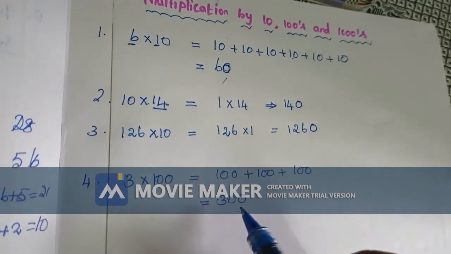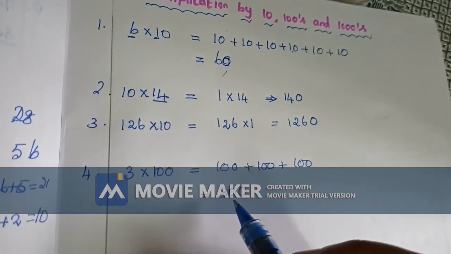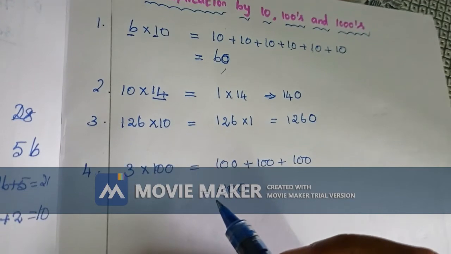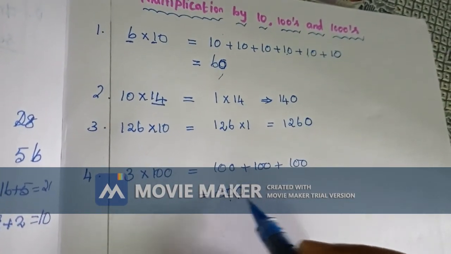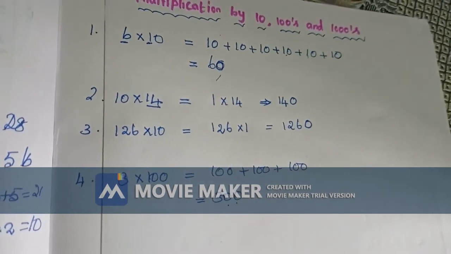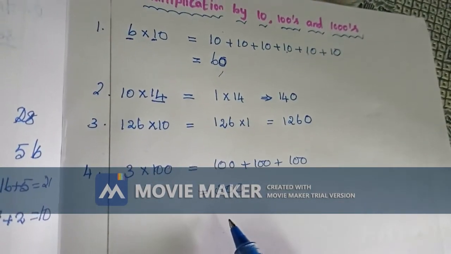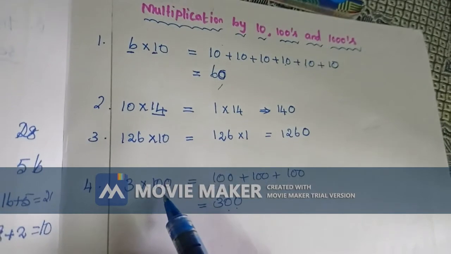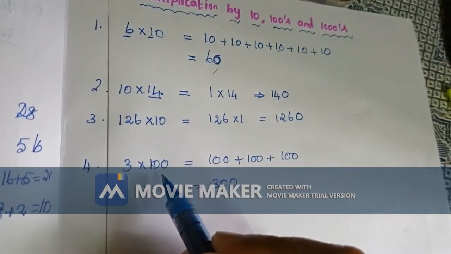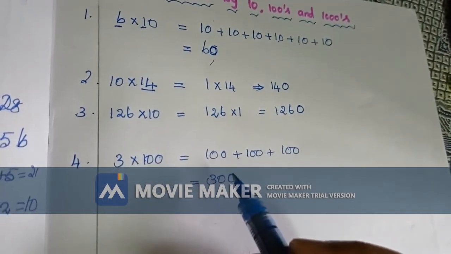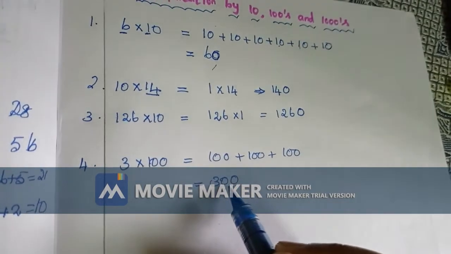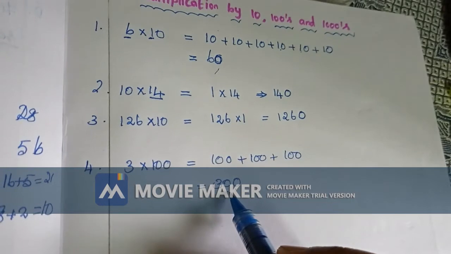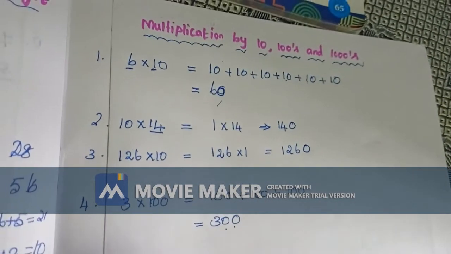So to multiply a number by 100, we first repeat the number being multiplied and then write 0 in the tens place and ones place. Let us look at some more examples.